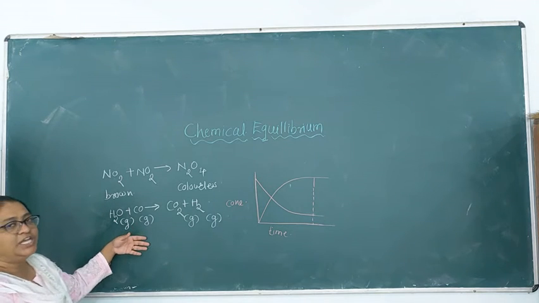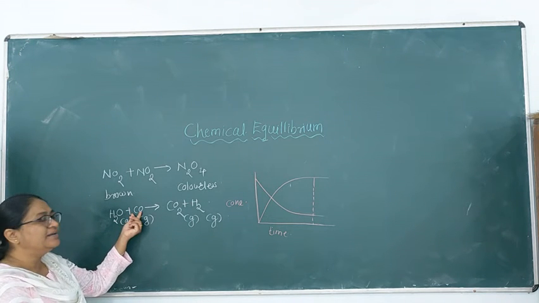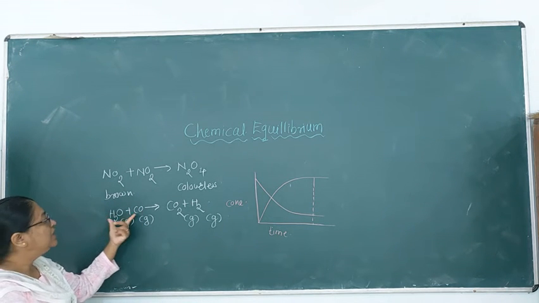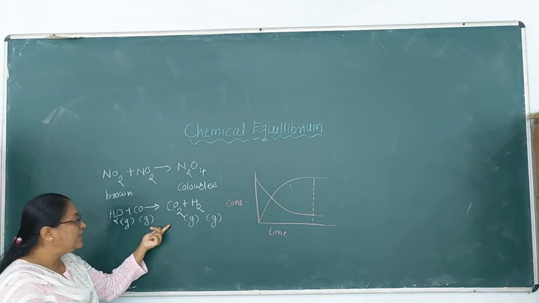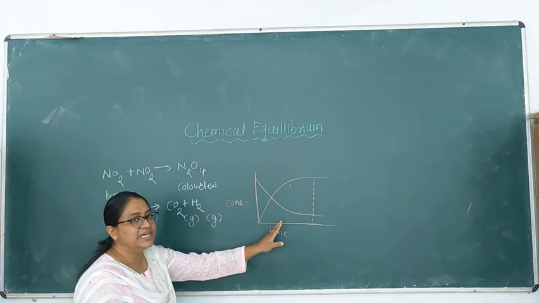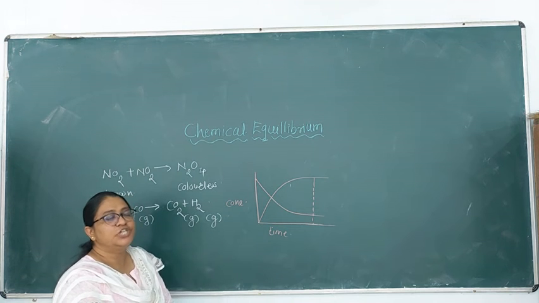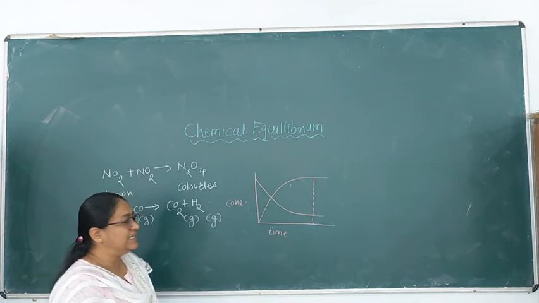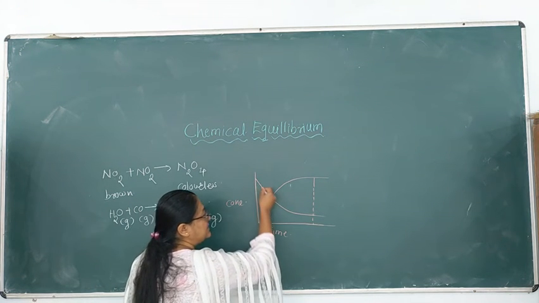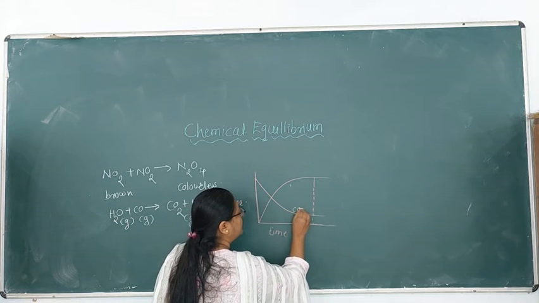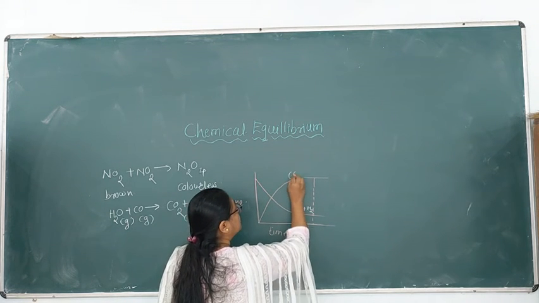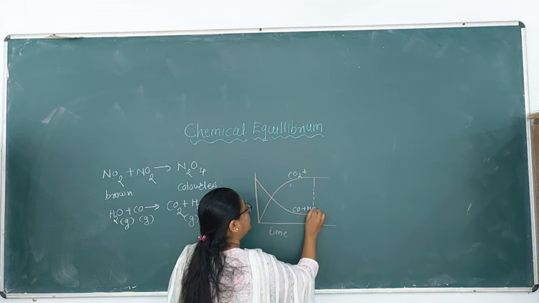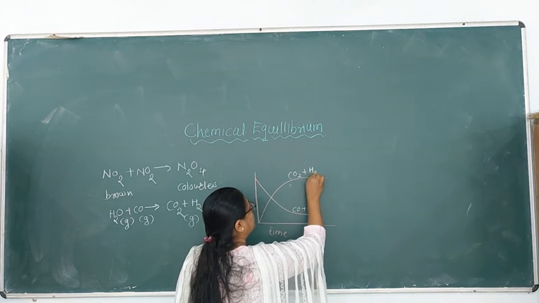For this reaction, if we take carbon monoxide and the steam of water in an equal concentration, and the reaction goes, this is the graph showing the change in the concentration of the reactant and the product. Obviously, this curve is for the change in the concentration of the reactant, while this curve is for the change in the concentration of the products.